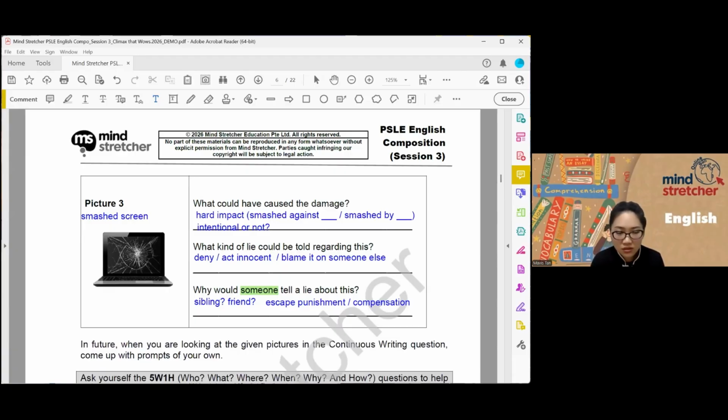Because whether it's intentional or not, you can lie about it, right? Because you want to make sure you don't get into trouble. Blame it on your dog. Somebody said, blame it on your pets. A lot of you wrote this. There are a few kinds of storylines, a few kinds of settings for you to consider. Is it home, school, shop?